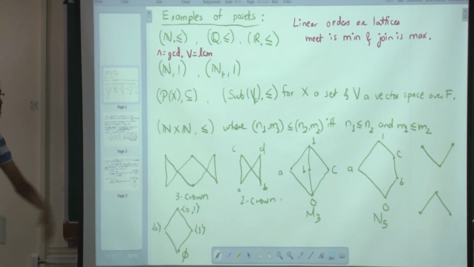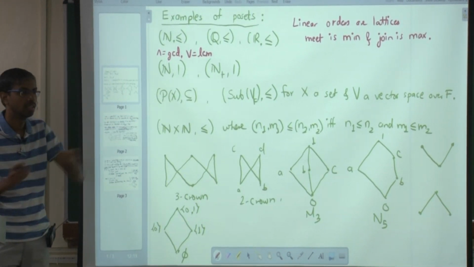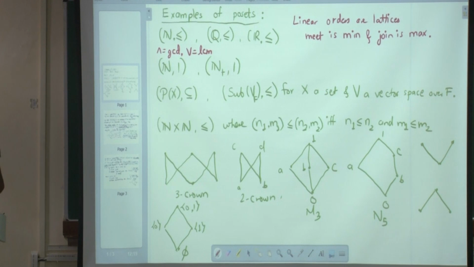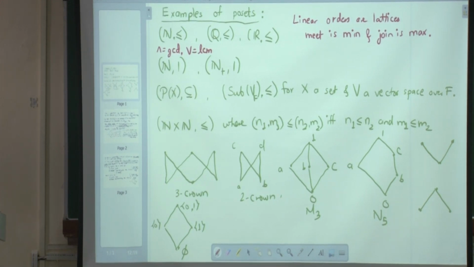Okay, what about power set? Does there exist a maximal common subset of two subsets? What is it called? Union and intersection. So very good. So meet is intersection, and join is union. Okay.